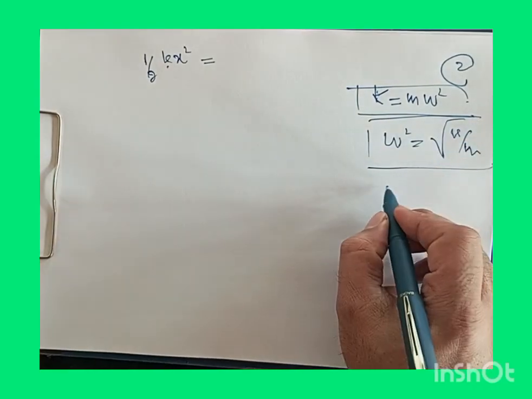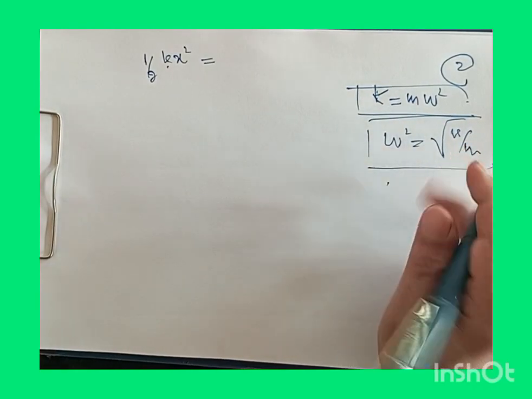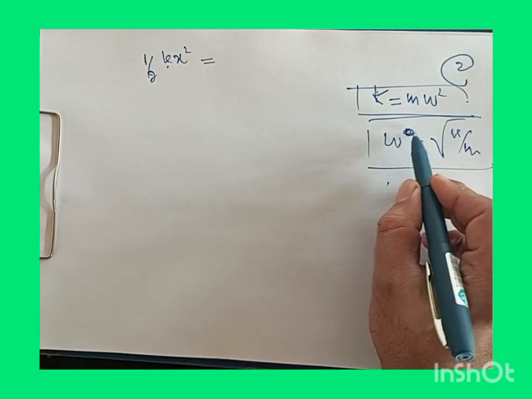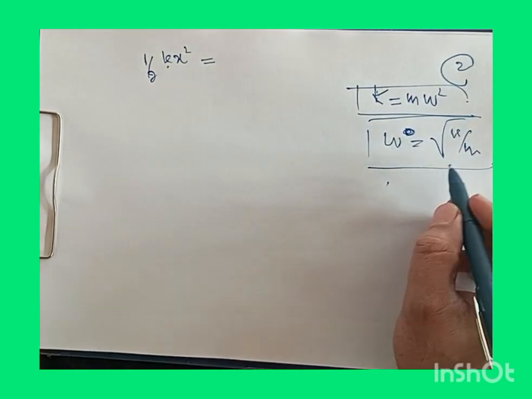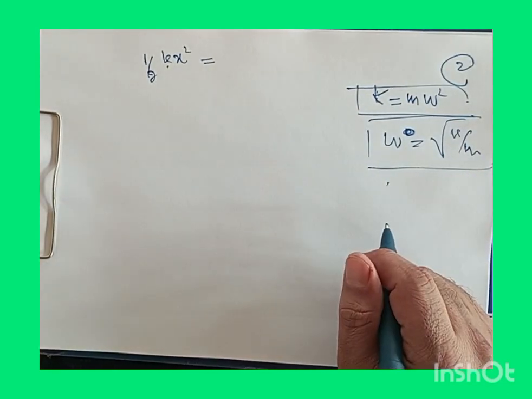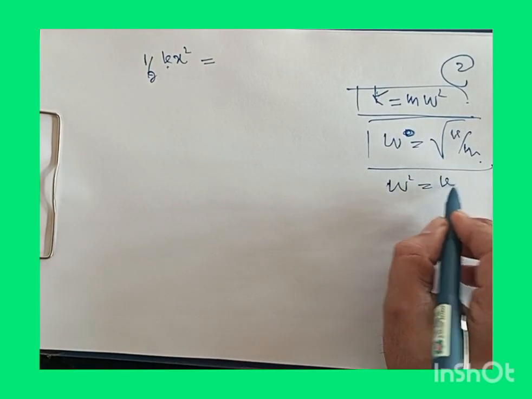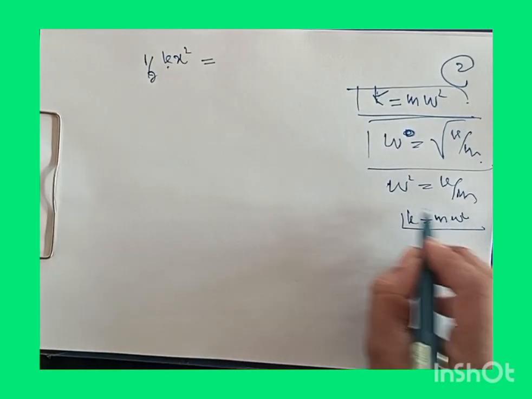So if we have to calculate k, we will square it, and squaring this will give me k by m, and so k will be m omega square.